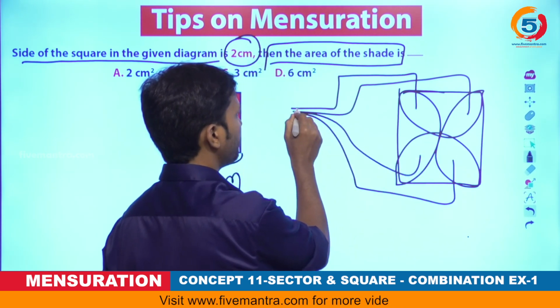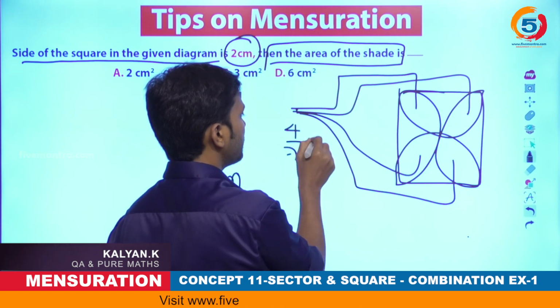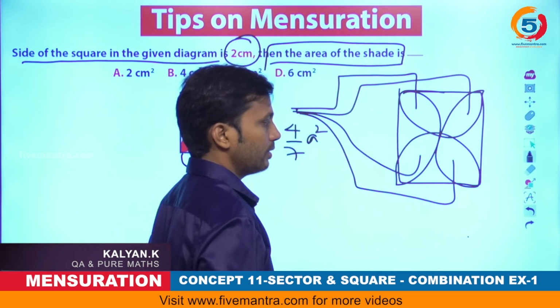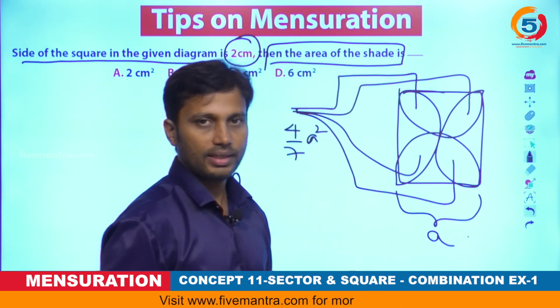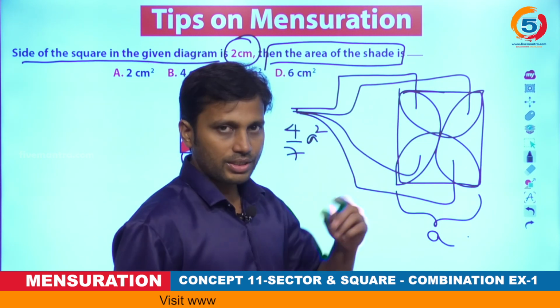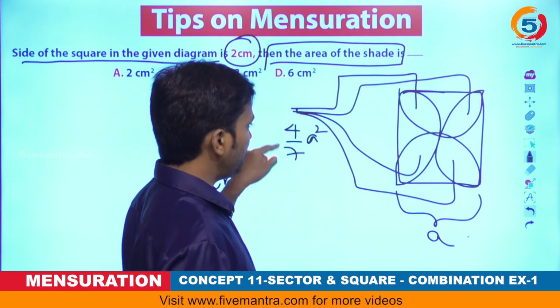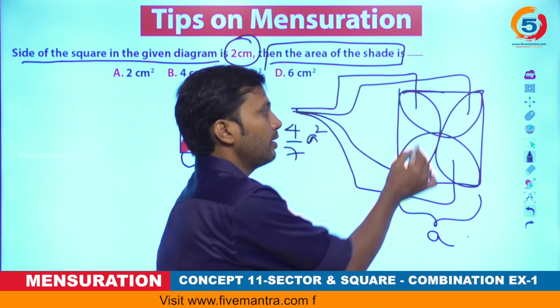All 4 petals of the flower occupy how much area? 4 by 7 A square, where A is the side of the square. That was already taught to you. So now my question is, this 4 by 7 A square is the area of how many petals?